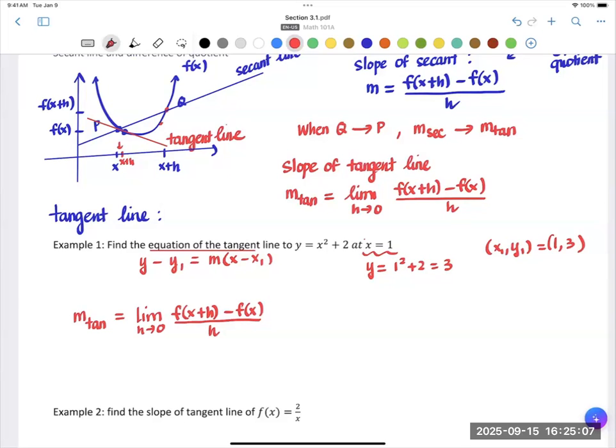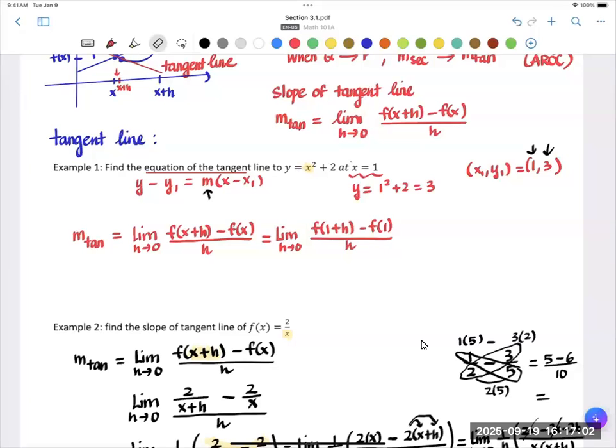So I'm going to have the limit as h approaches 0 of f of 1 plus h minus f of 1, over h. Now we have to look for what f of 1 plus h is first.